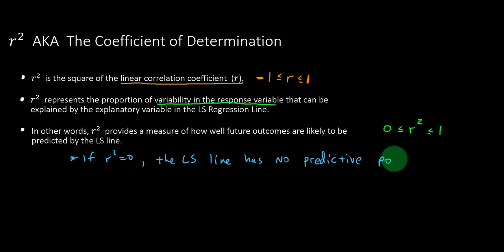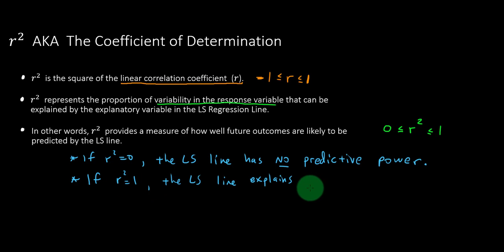So an R-squared value near 0 has no power. On the flip side, as good as it gets, if R-squared equals 1, then the least squares line explains all of the variability that was observed in your response variable.